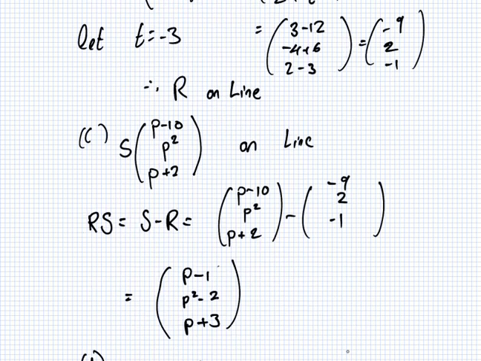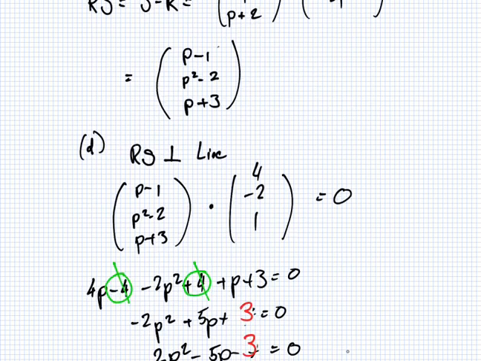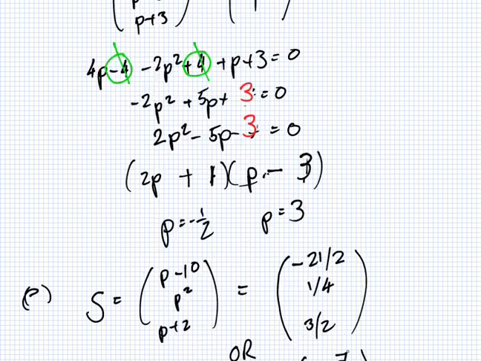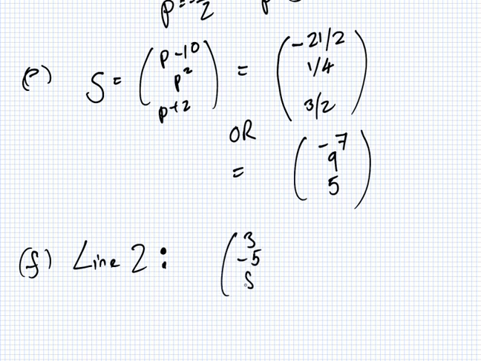Let me just go back up here. Let's have a look at F. For F, you have line 2, which is 3 minus 5, 8, plus T, minus 12, 6, minus 3.